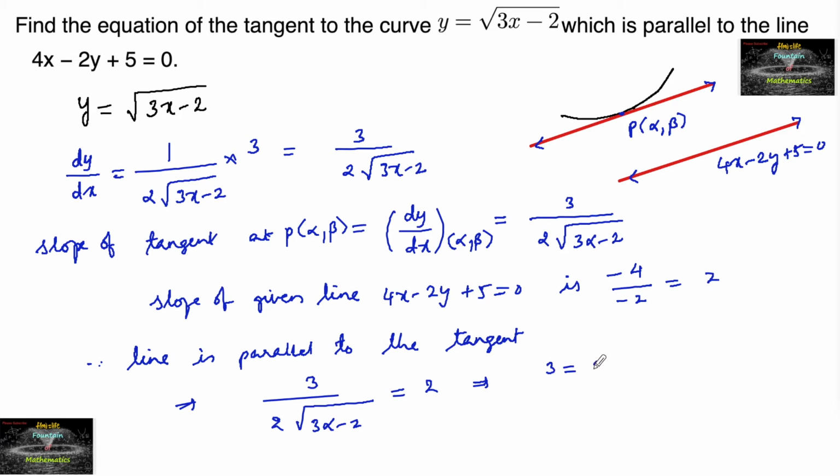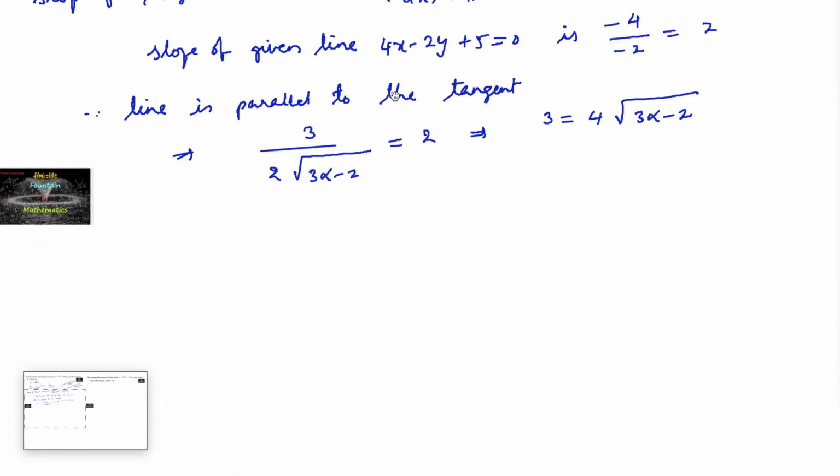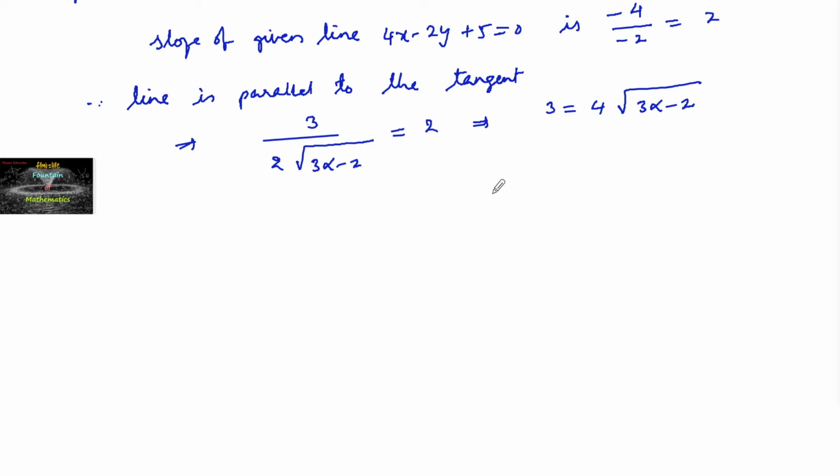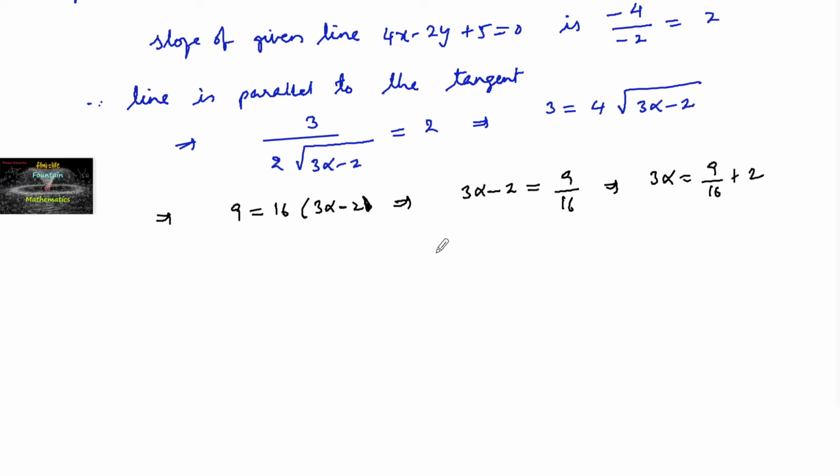3 = 4√(3α − 2), or squaring on both sides, we will have 9 = 16(3α − 2), or we can write 3α − 2 = 9/16, or 3α = 9/16 + 2.